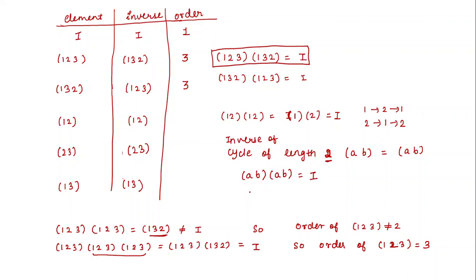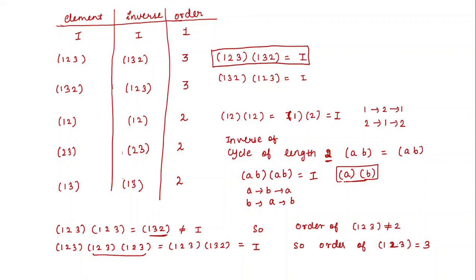A is mapped to B and B is again mapped to A, and that is why this is the identity permutation. So they are self-invertible and therefore their order is equal to 2. So the order of these 3 permutations is 2. So these are the orders of the elements of S3, and these are the inverses of the elements.